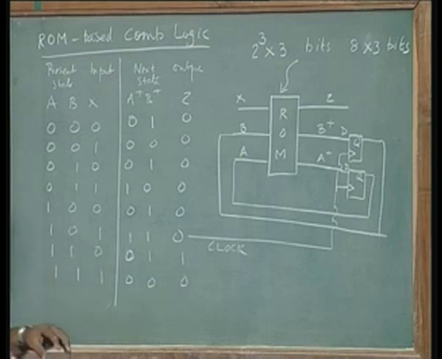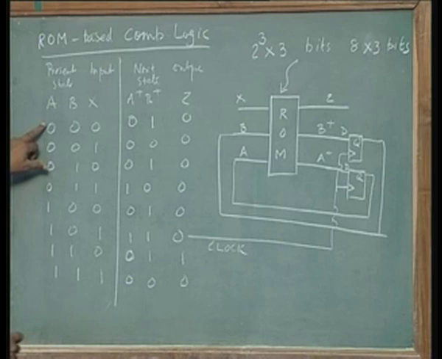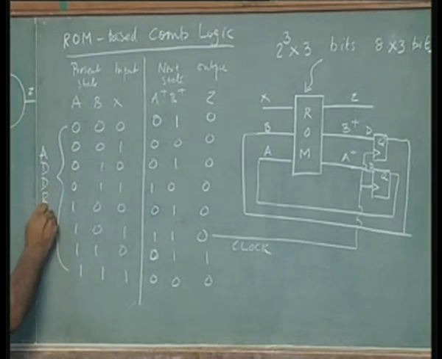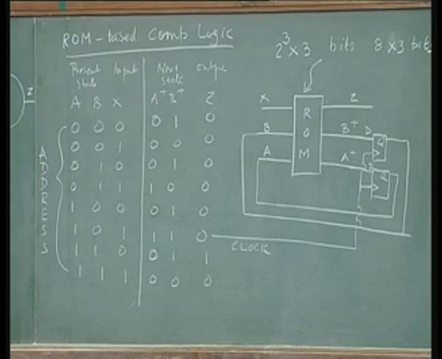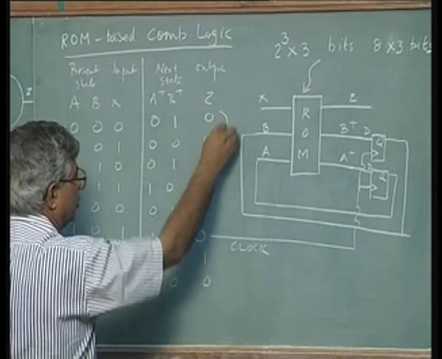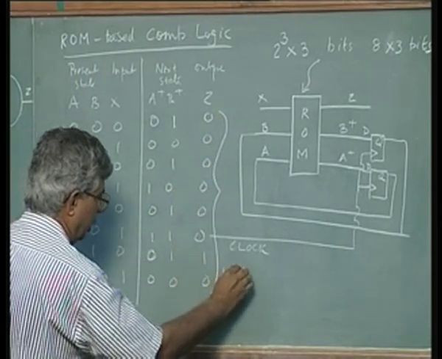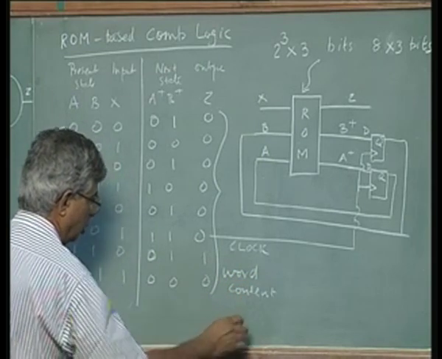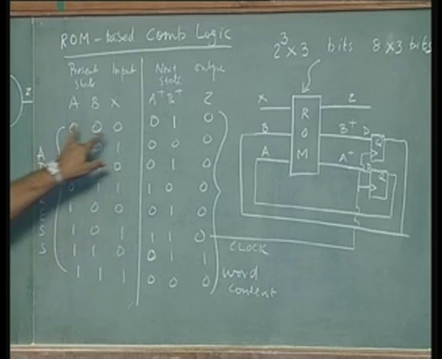Each of these is called an address. So ROM address 000, 001, 010. These are called addresses, and these are called the contents or the word content. What is the address and the corresponding content of the word at that address?